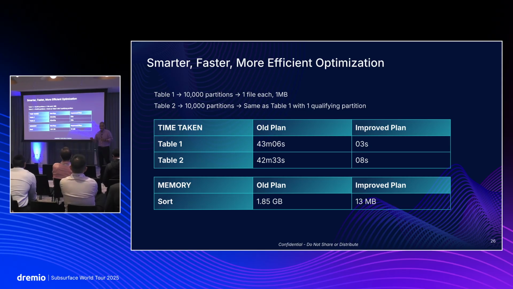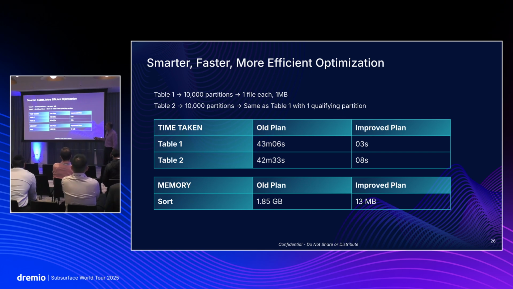This is a new feature that is going out in 26.1. And as you can see here, we have cut down time on table 1 that didn't need any optimization. We were spending 43 minutes on it just to figure that out. We are now doing the same operation in 3 seconds.